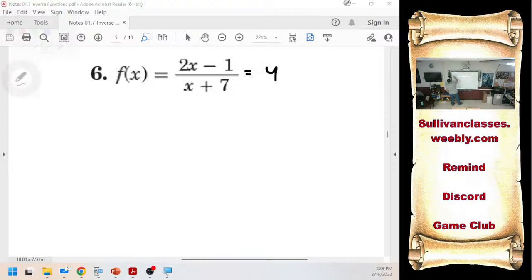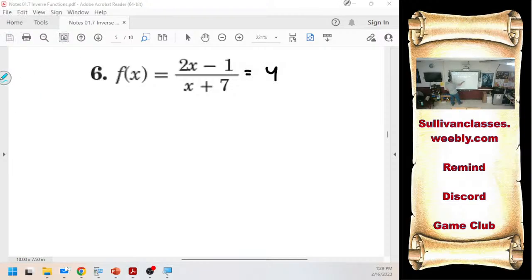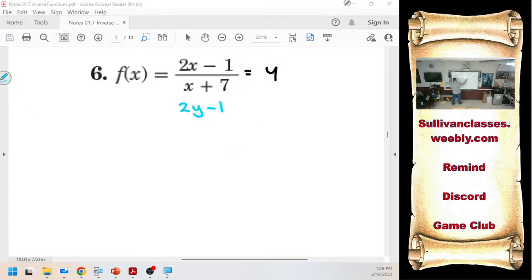If this equals y, then we'll start here. We'll start at red this time. Okay, y plus 7 over 2y minus 1 is x.